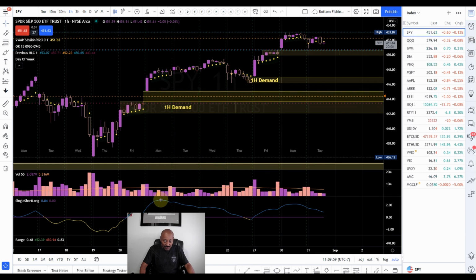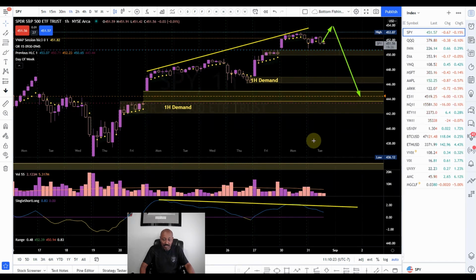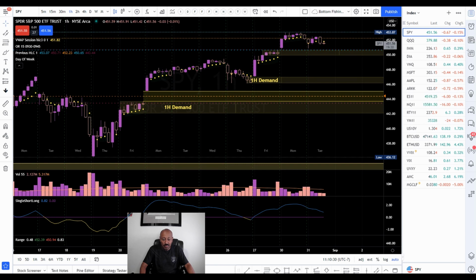In terms of the divergence that I discussed last week, we still have this divergence here. And this divergence is kind of playing out. We saw it play out here, a shallow pullback, reversed, a very, very shallow pullback today, and it could continue to move higher before it comes down here, because as long as we have this divergence, price is going to have that downward pressure.